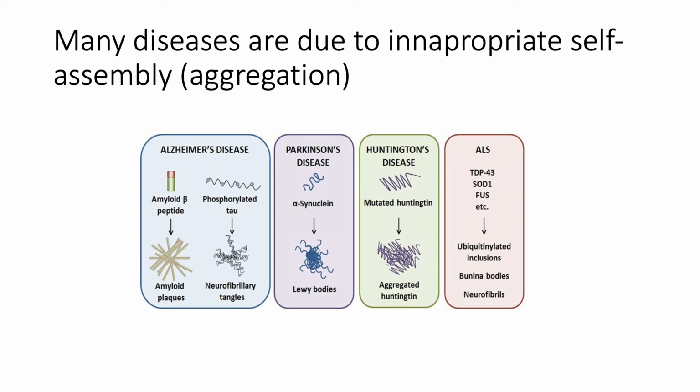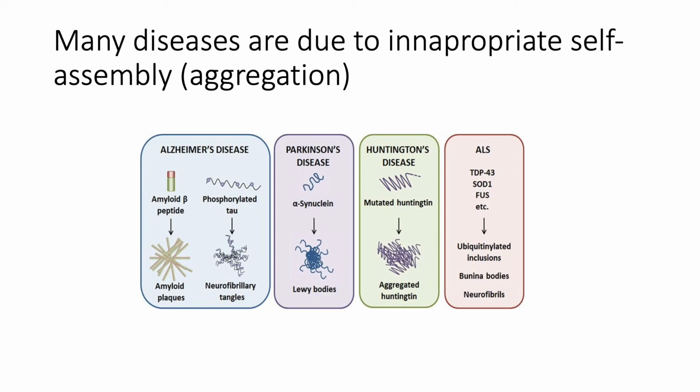These are all very serious and very drastic neurological diseases, which we know cause people to lose their memory, cause people to lose control of their arms and legs and not be able to walk, and eventually, sometimes even the heart will stop. And all these are due to the inappropriate quaternary structures that are formed.